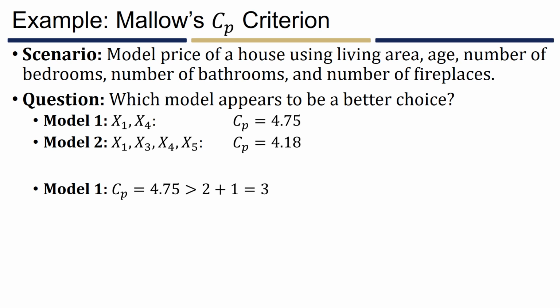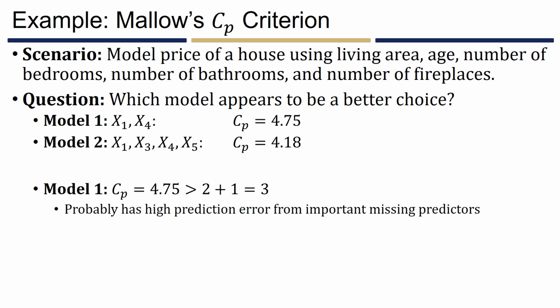That model only had 2 predictors, so whenever we compare Mallows Cp of 4.75 against the number of predictors plus 1, Mallows Cp is greater than the number of predictors plus 1. So this model that includes only x1 and x4 probably has high prediction error from missing important predictors. We probably don't have all of the necessary highly significant predictors in this model.